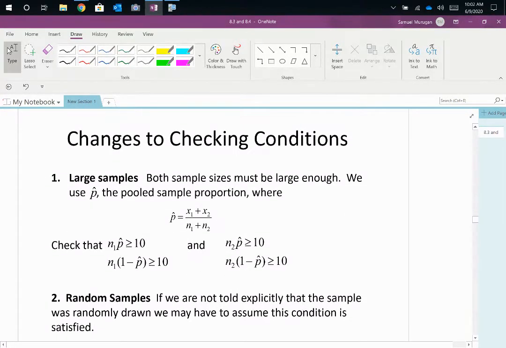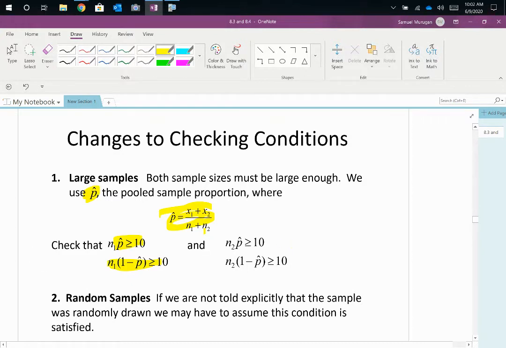For large samples, to check the conditions, you would add the two counts, x1 over n1 and x2 over n2, and make up p hat, the pooled proportion, and then check to see that it's greater than 10, or that 1 minus p is greater than 10, and so on.